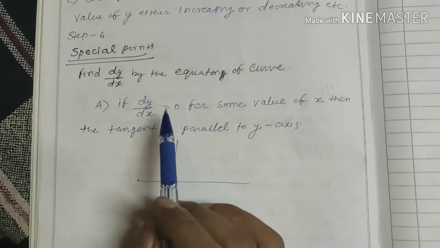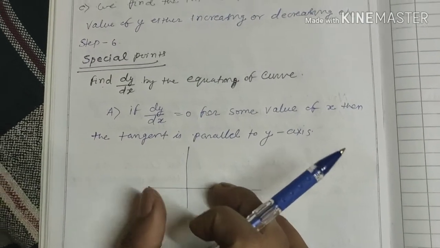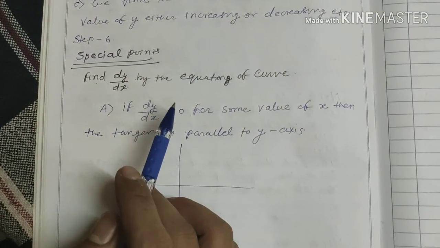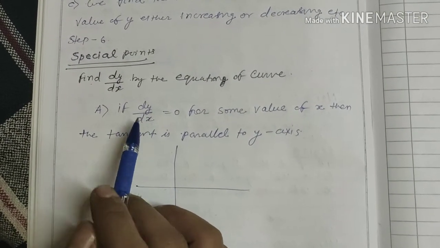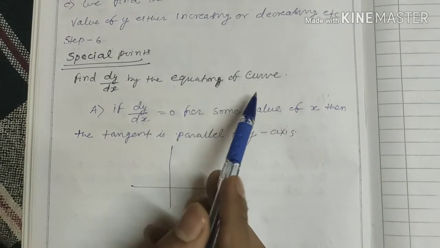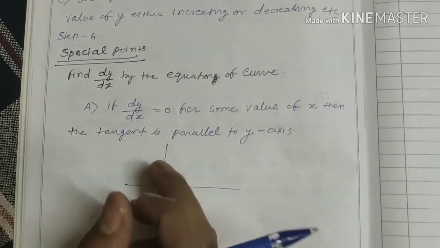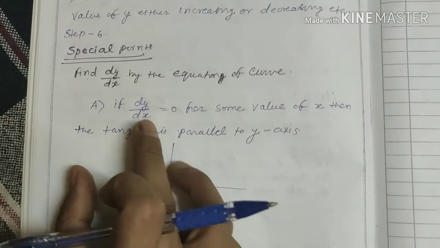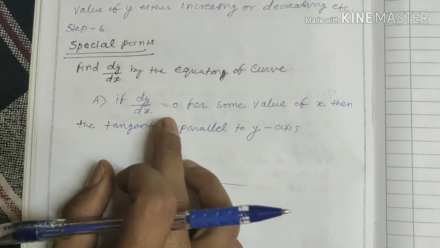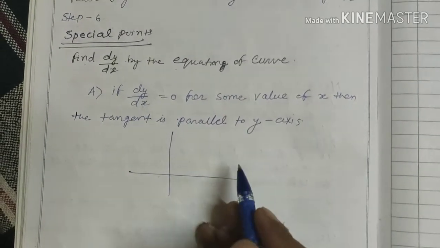So the condition is that if dy by dx equals 0, where dy by dx means the differentiation of y, the equation of the curve, with respect to x. So find dy by dx from the equation of the curve and examine the following condition: if dy by dx equals 0 for some value of x, then the tangent is parallel to the x-axis. So like this.